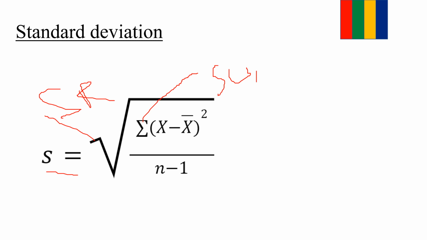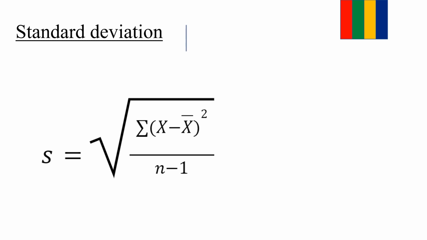So what this is basically saying is we're looking for the sum of x minus x bar, squared, where x is representative of each value within a data set, and x bar, as we discussed earlier, you should know is the sample mean. So let's keep it very simple. Let's say we have a data set of 1, 2, and 3.